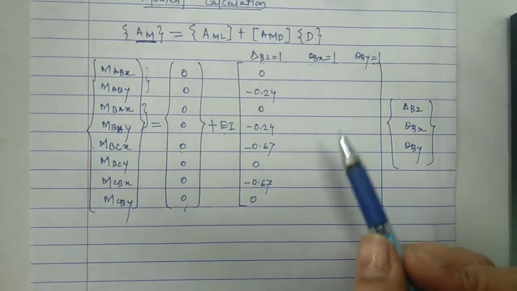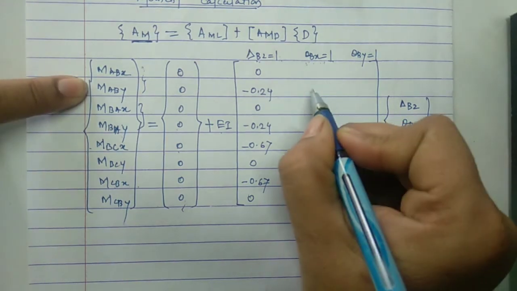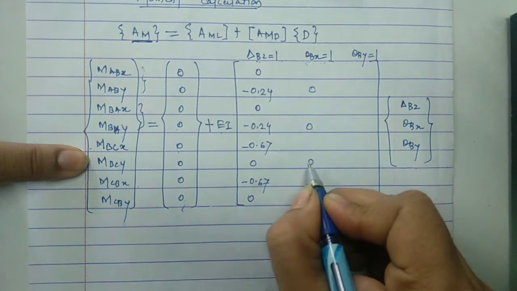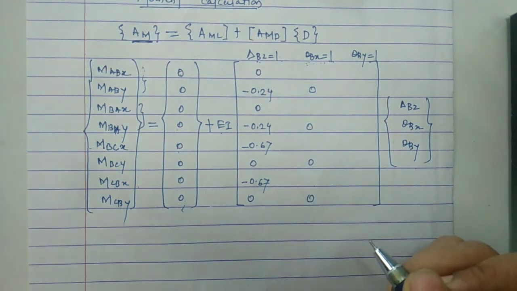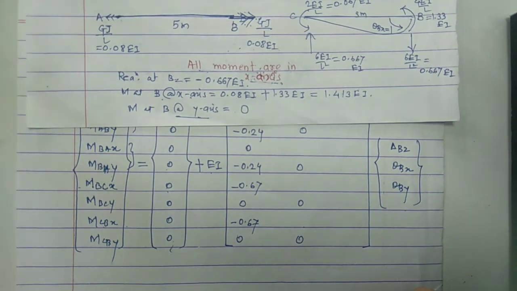So first write down those 0 values under this theta bx, Y direction moments: ABY, BAY, BCY and CBY. All are 0. And now accordingly, according to these points, write down the values.